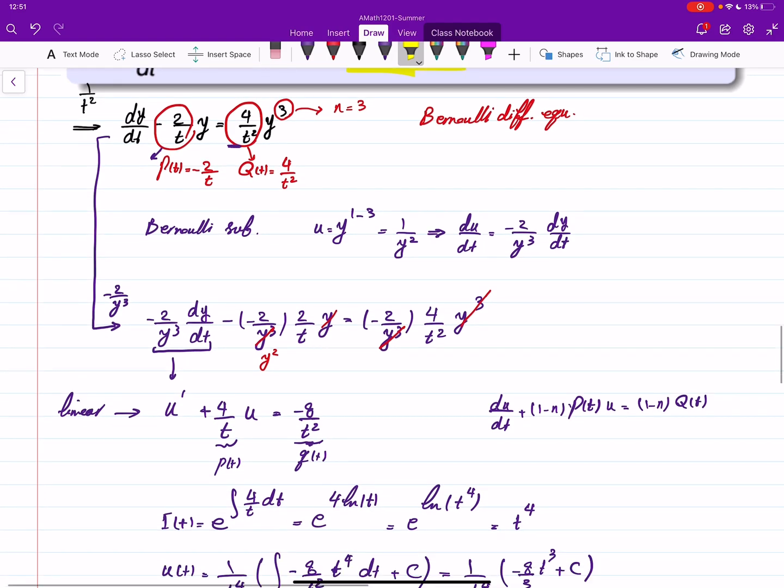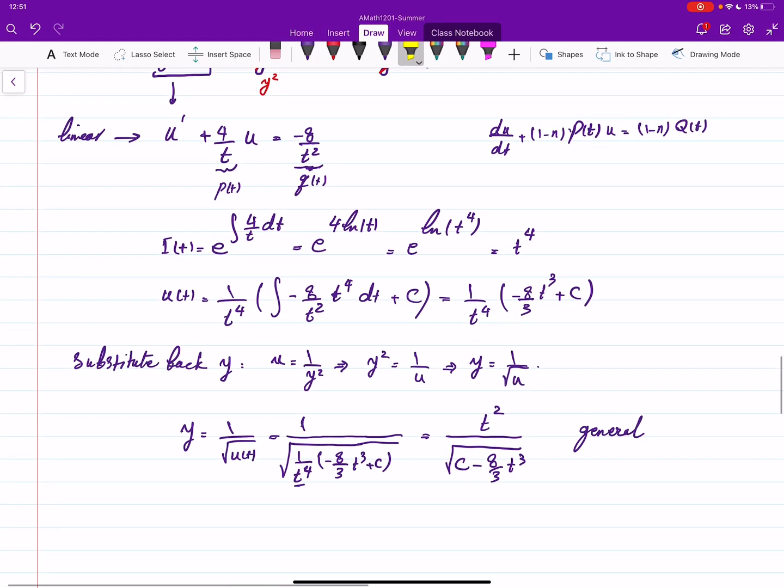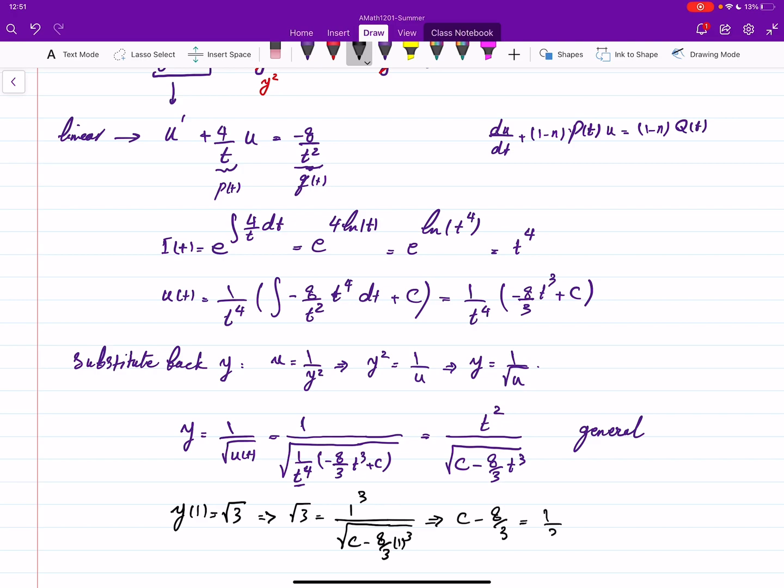y at 1 is root 3, so I will use t equals 1 there. So that means that root 3 is equal to 1 to the power 2 over root of c minus 8 over 3 times 1 to the power 3. And if I square both sides and invert, c minus 8 over 3 is equal to 1 over 3.